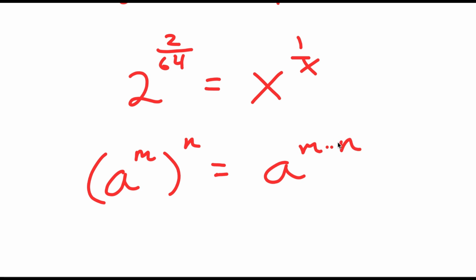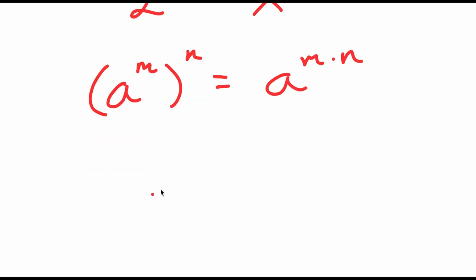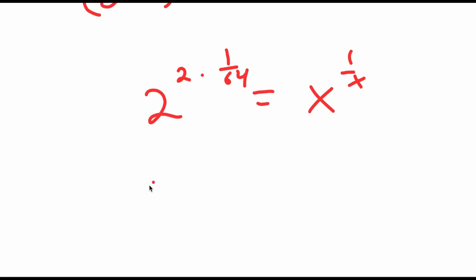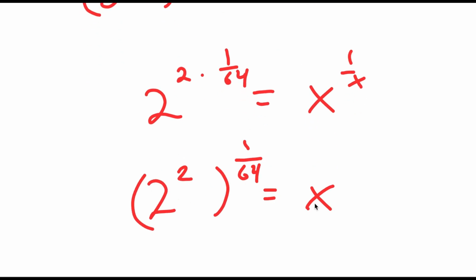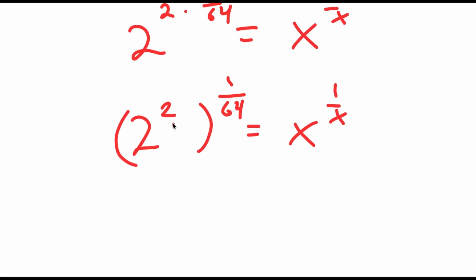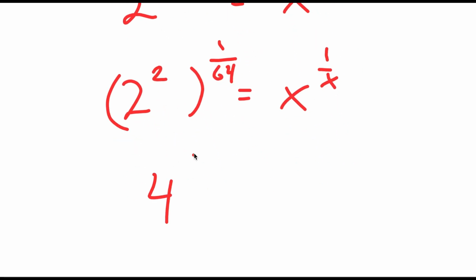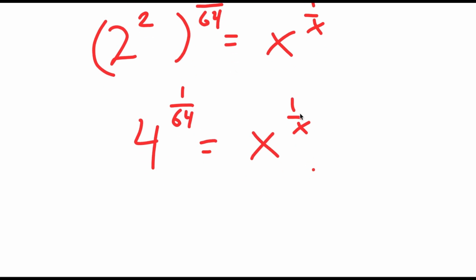I'm going to reverse it. So 2 to the power of 2 over 64 is the same thing as 2 to the power of 2 times 1 over 64. Now I'm going to rewrite this as 2 to the power of 2 to the power of 1 over 64. Now, 2 squared is 4, so I get 4 to the power of 1 over 64 is equal to x to the power of 1 over x.